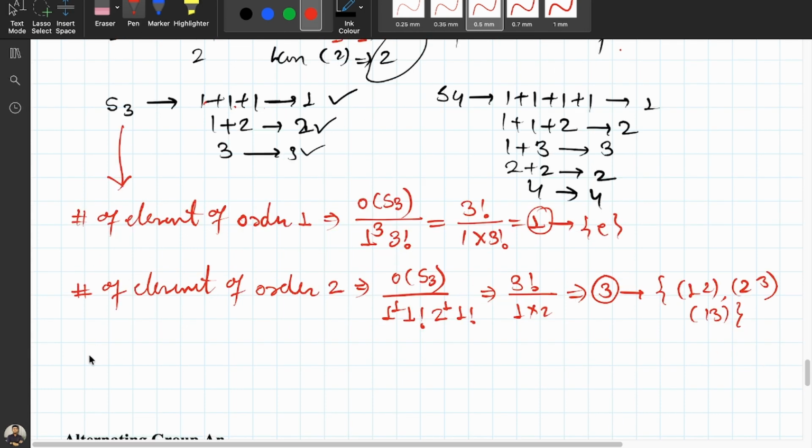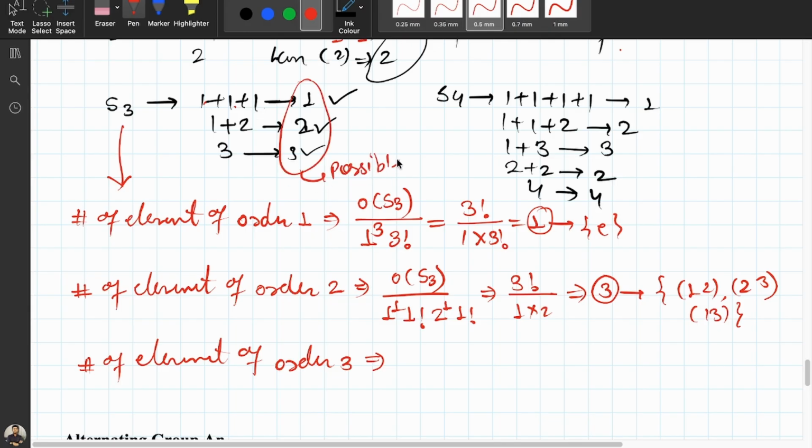Next, the number of elements of order 3, because these three are the possible orders of elements.